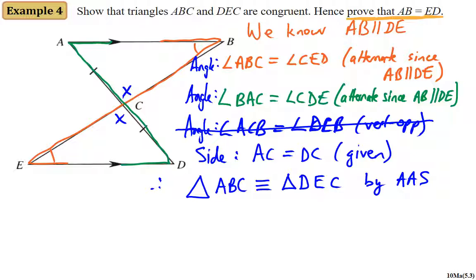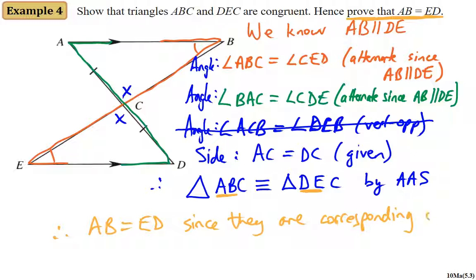Now if I look at this, AB are the first two letters and D and E are the first two letters, therefore AB equals DE, which could also be written as ED, since they are corresponding sides or matching sides in congruent triangles. And there you go, we've finished that.